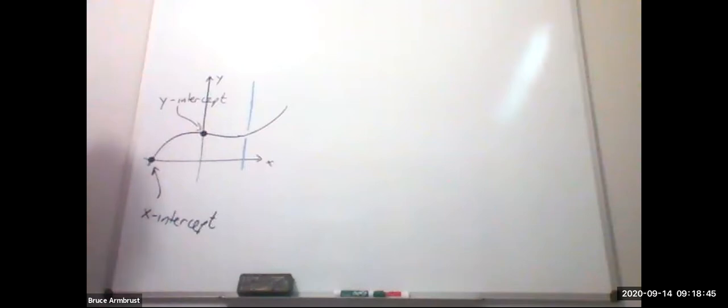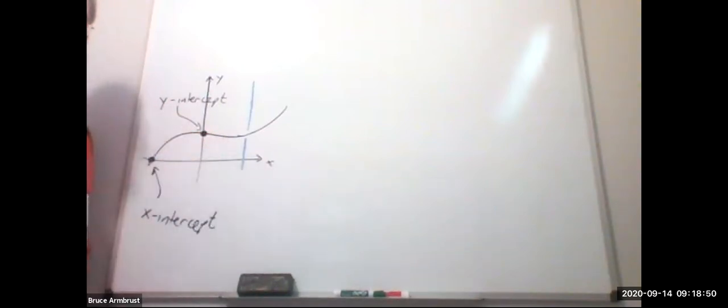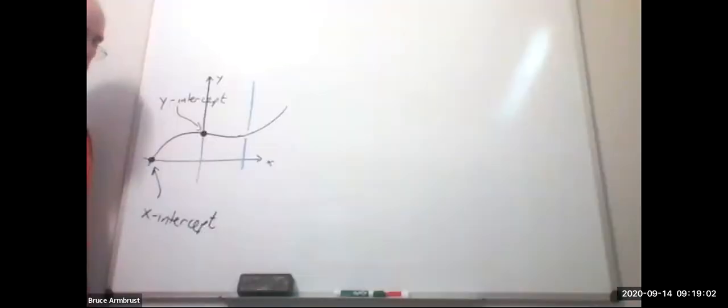So do you remember how to find those? Like obviously on a picture, it's easy to tell. But if I just gave you the function and its rule, do you remember how to find the intercepts? You make the other point 0. Yeah, you set something equal to 0.